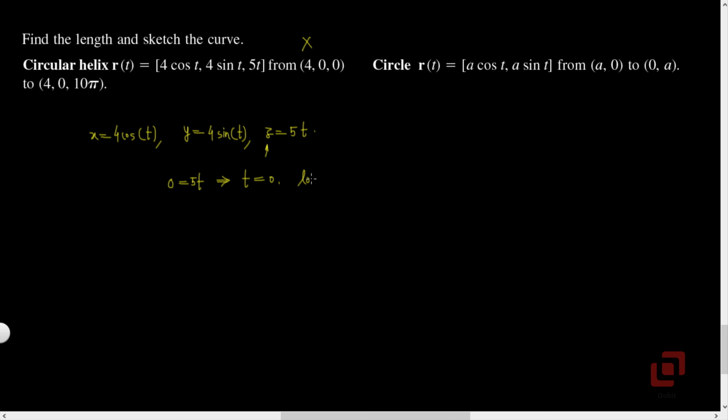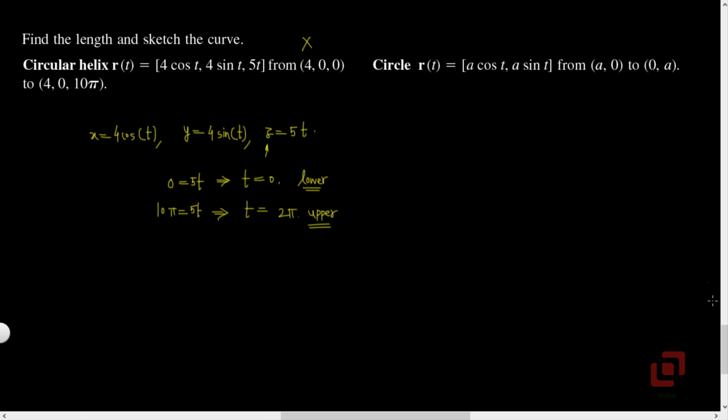This gives us the lower limit of the definite integral. Let us now go to the second point, which is (4, 0, 10 pi). Therefore 10 pi equals 5t, which implies that t is equal to 2 pi. So we have now got the upper limit on t.